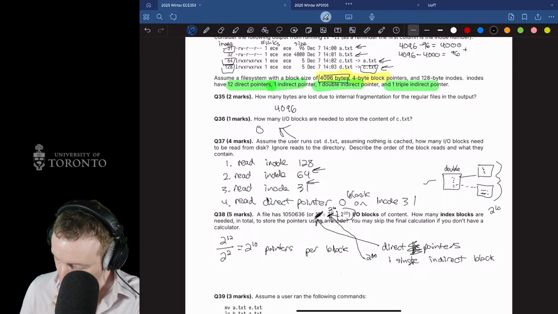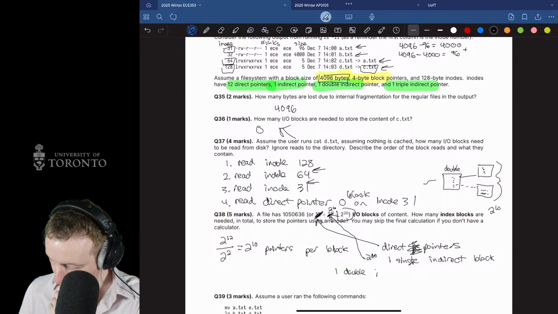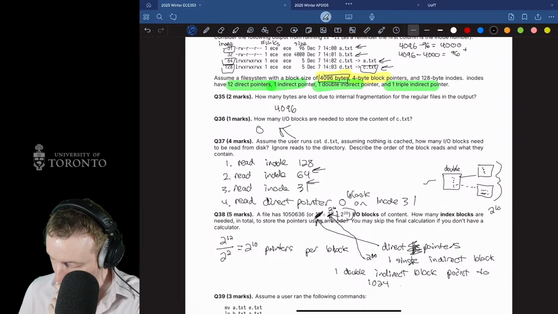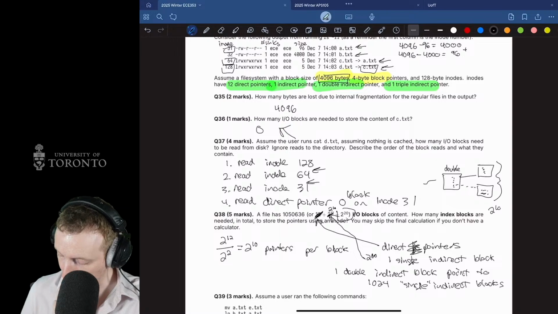So we would have 1 double indirect block, and it would point to 1024, that's 2 to the 10, single indirect blocks. So just like page tables, we went down a level.